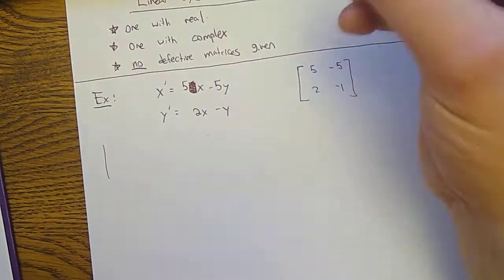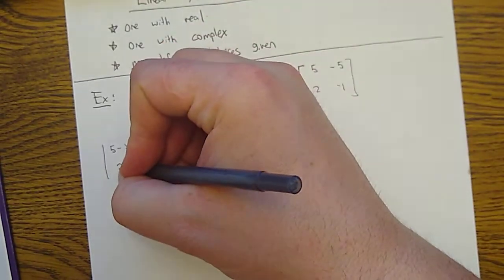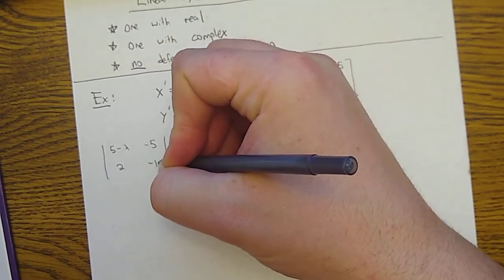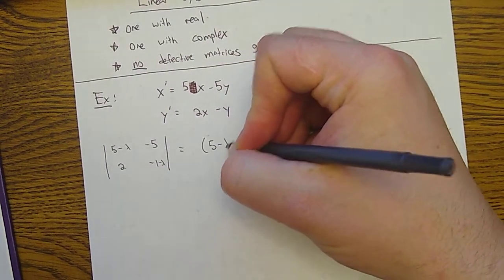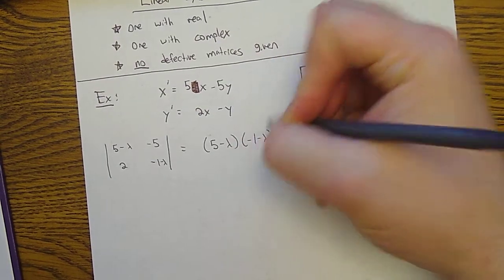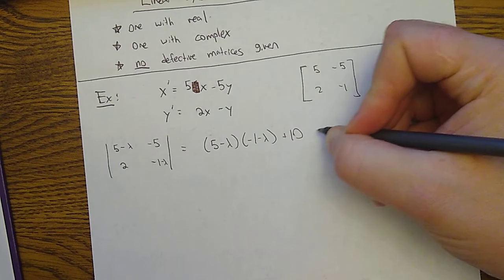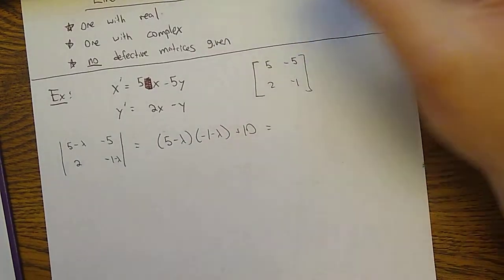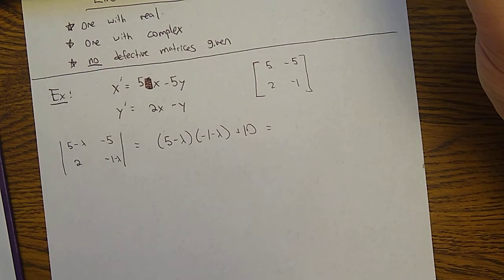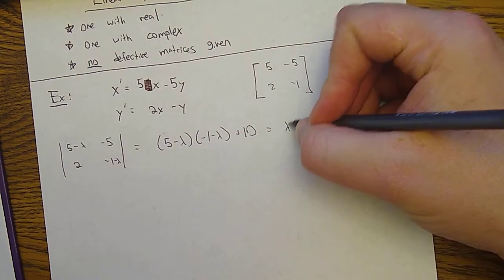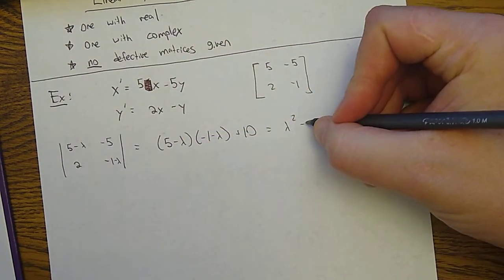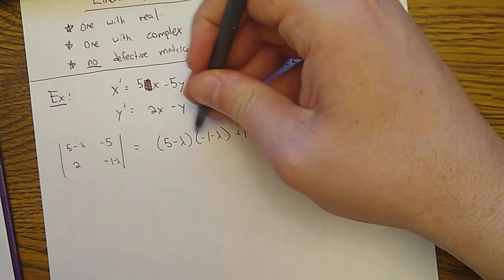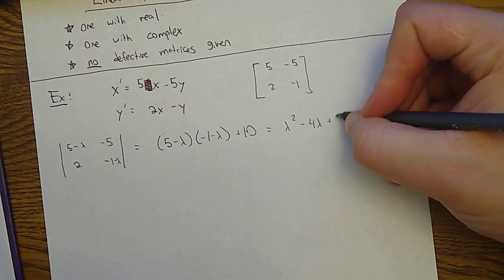So minus lambda, then I go 5 minus lambda, negative 1 minus lambda, plus 10. Right, so that would be lambda squared, and then a plus lambda and a minus 5 lambda, so minus 4 lambda, minus 5 plus 10, so plus 5.